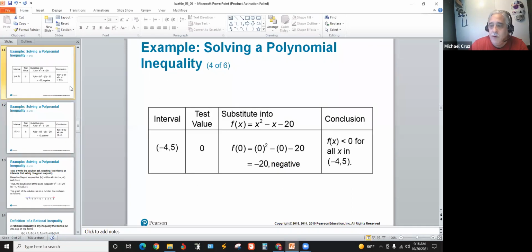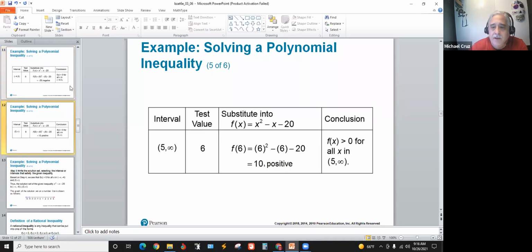But you can still deal with it in this sense, the way the book talks about it, that it's negative. So for all that range right there, that's not part of the solution. So we just know that it's less than, and I'll show you in a minute what it means.